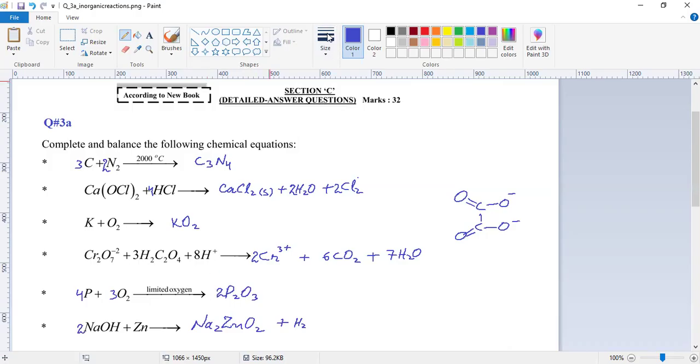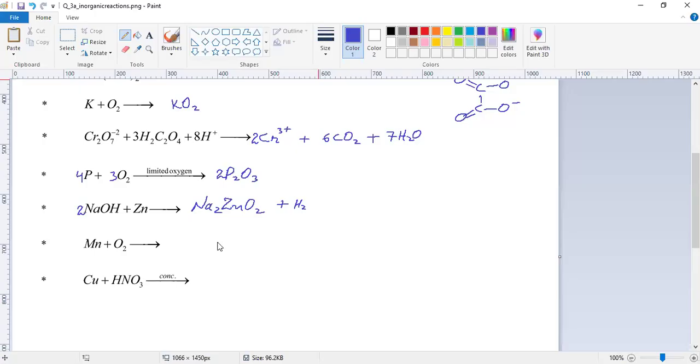So now proceed to the next equation. The reaction of manganese with oxygen is the only reaction that is given in our syllabus, that Mn combines with oxygen to produce its respective oxide. And the formula of this oxide is Mn3O4.